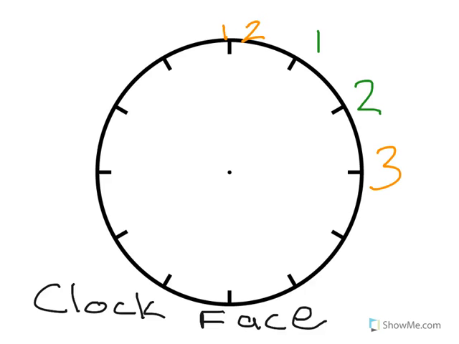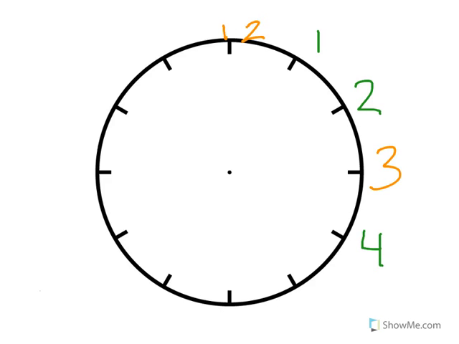So after 3 we have 4, and I'm going to erase the words clock face so I can put the numbers around it. 5. Oh, and look, we've got one of our anchor points again. Here's 6. See, we have 12, 3, and 6 as our anchor points. In fact, I can connect 12 and 6 right now.